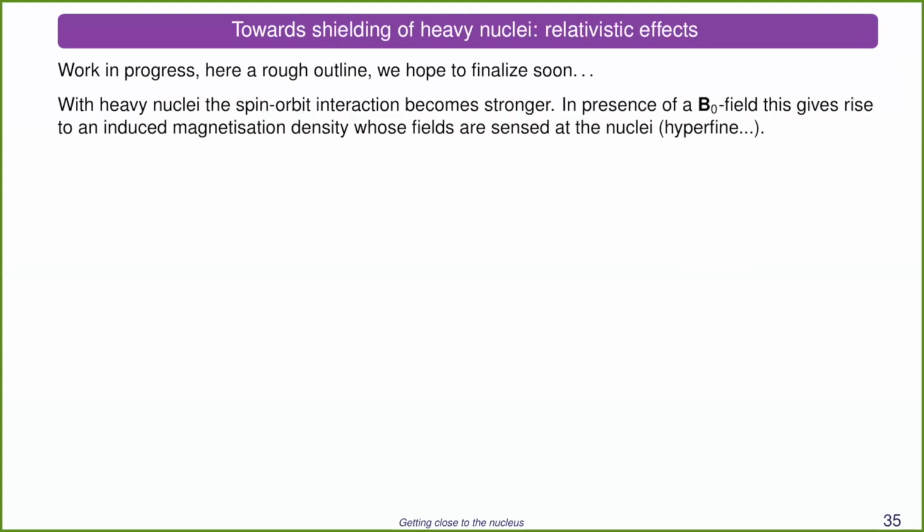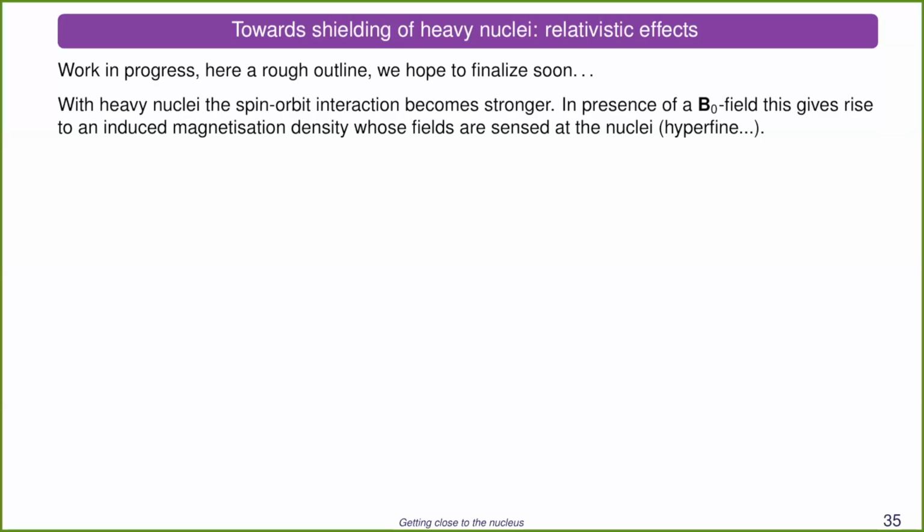So now something new. Now something which is in progress. We want to extend this to systems in which the nuclei are becoming heavy. If nuclei are becoming heavy, we know as you come deeper in the periodic table, the spin-orbit interaction becomes stronger.